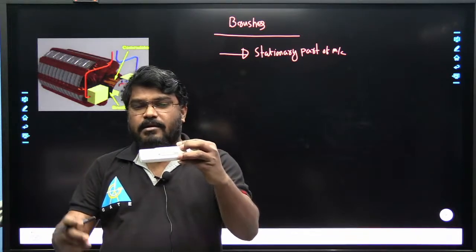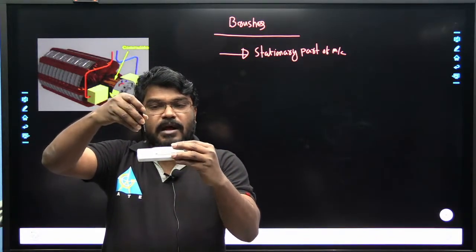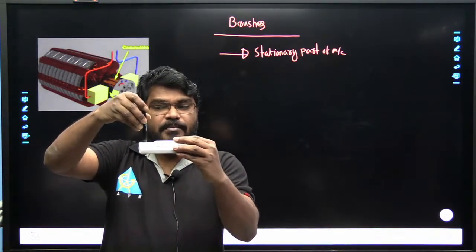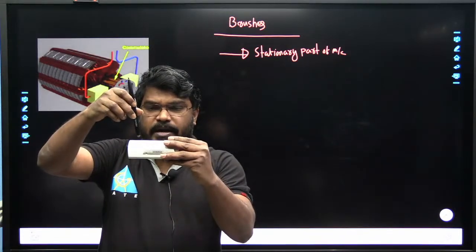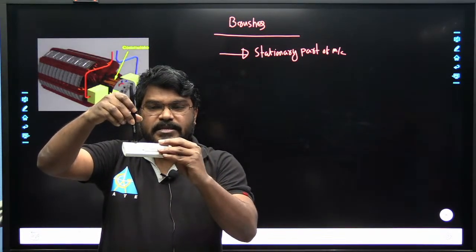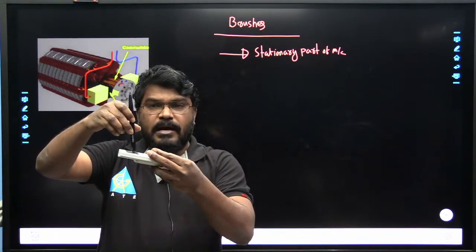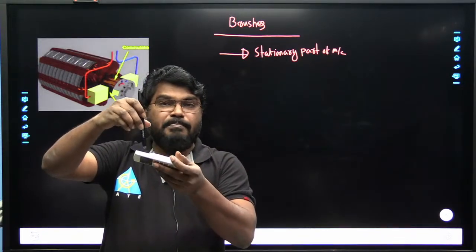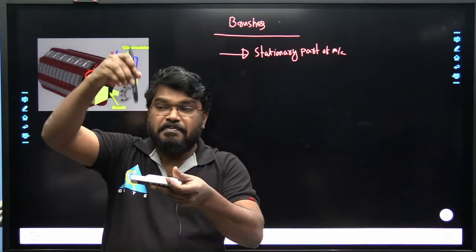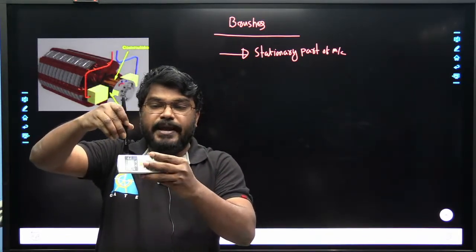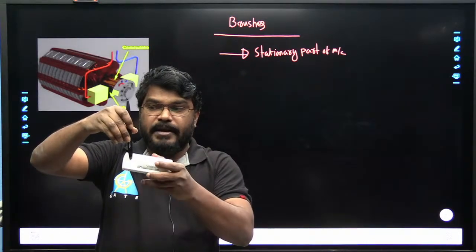Brushes always make contact with the commutator segment. When the armature is rotated by the prime mover, the commutator will be rotated, but the brush is fixed to the stationary part, so it always makes contact with the commutator segment.